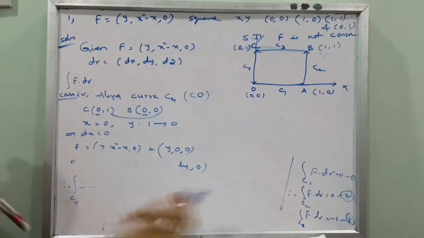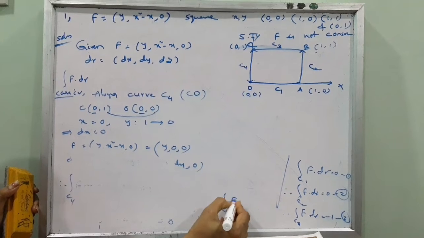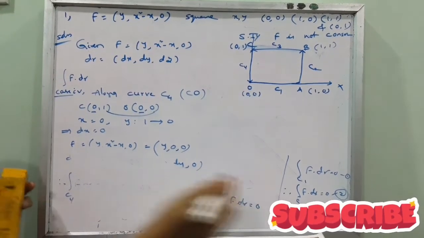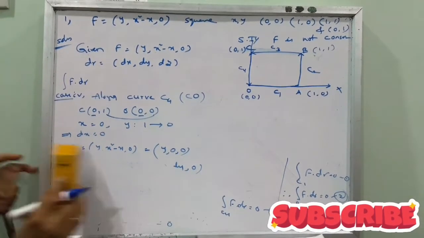So the integral along C4 of f dot dr is 0. This is equation 4.